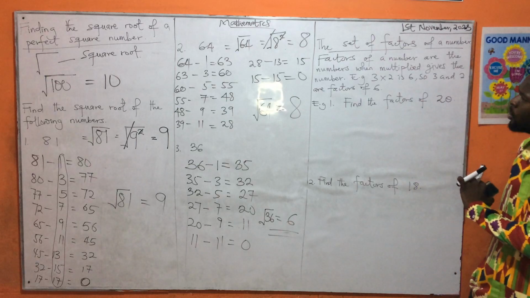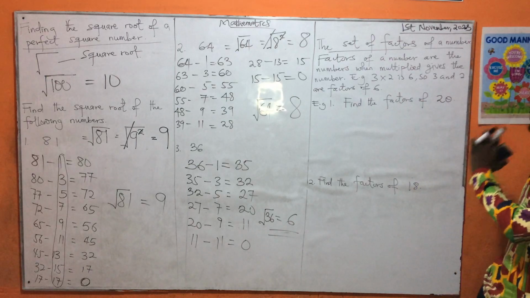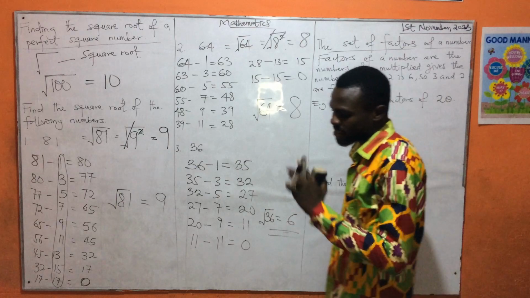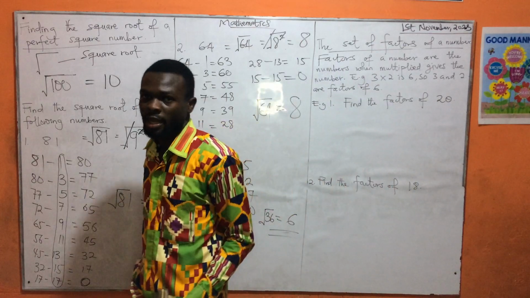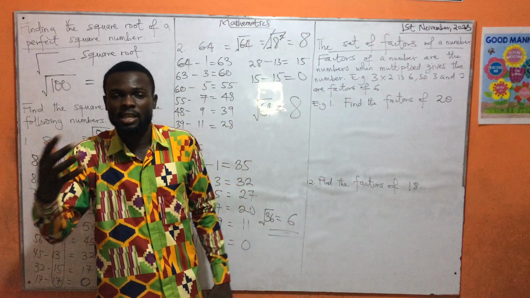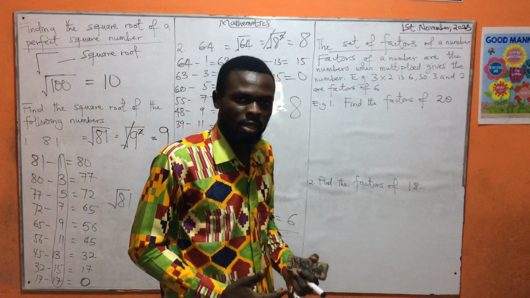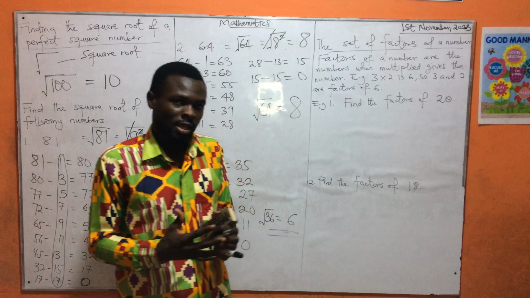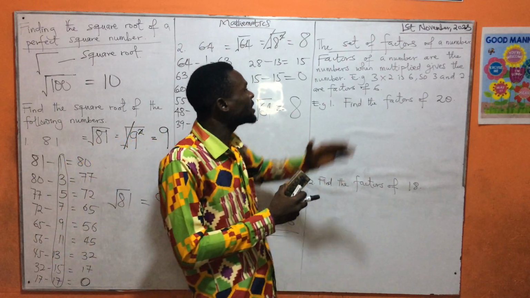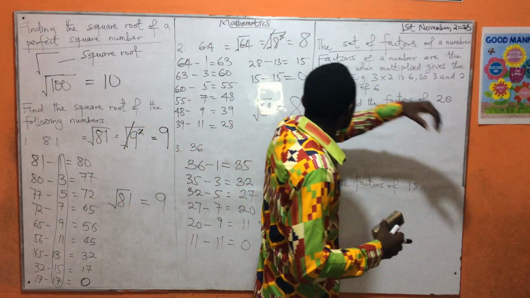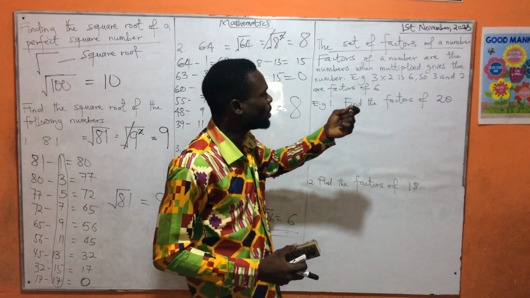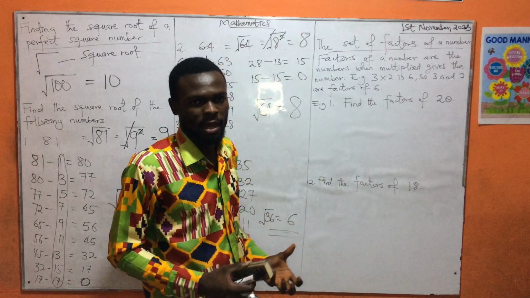Now there's something new we want to look at, which is the set of factors of a number. This was taught in Basic 6. And we have an idea of factors of a number. Now a factor or factors of a number are the numbers that, when multiplied, give the number.